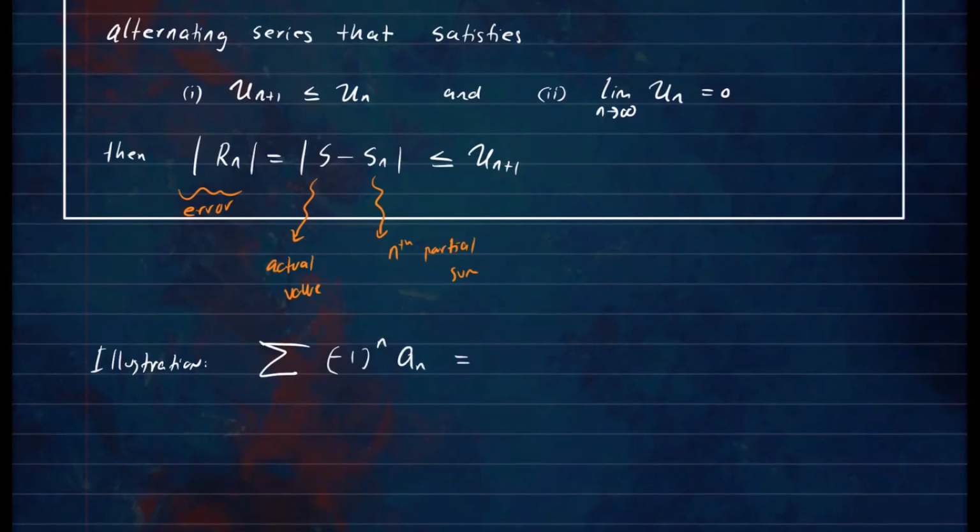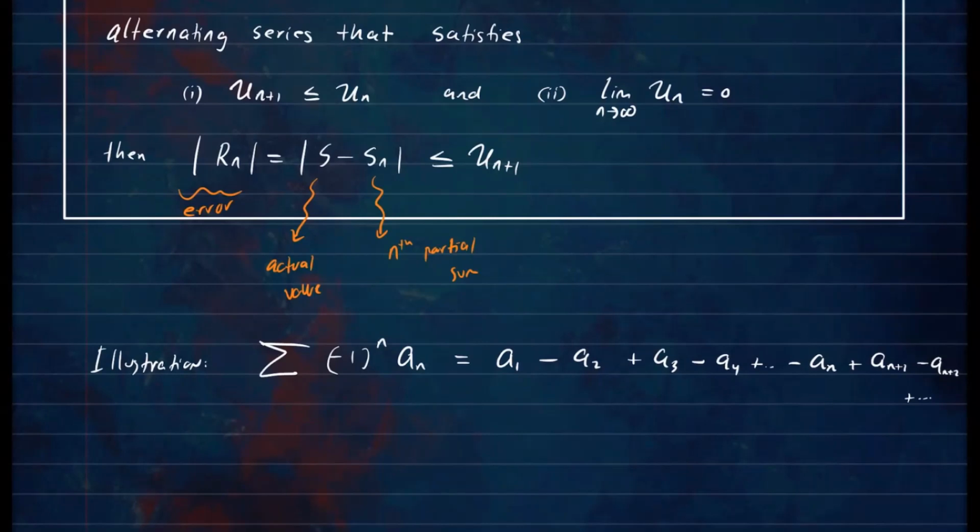So this is going to be a sub 1 minus a sub 2 plus a sub 3 minus a sub 4 plus all the way up to a sub n. I'm going to make this a negative term, and then plus a sub n plus 1, which is the next term after a sub n, minus a sub n plus 2, plus, keep going, an infinite number of terms.